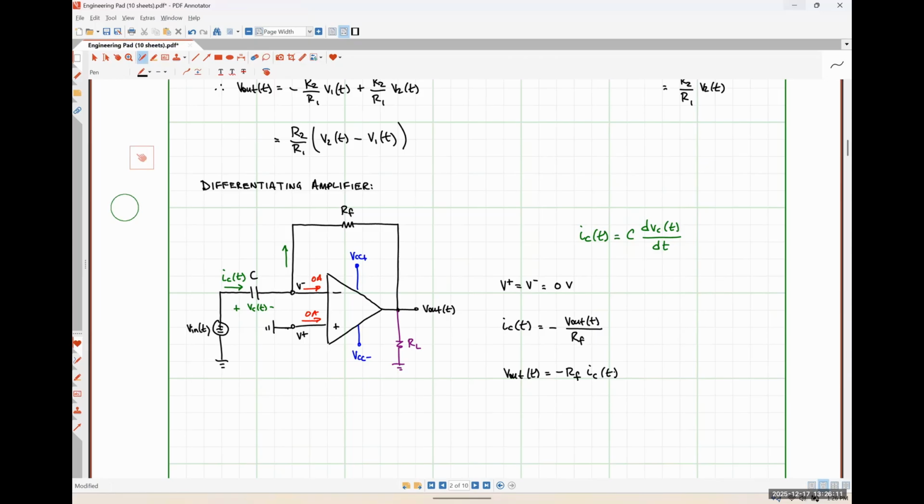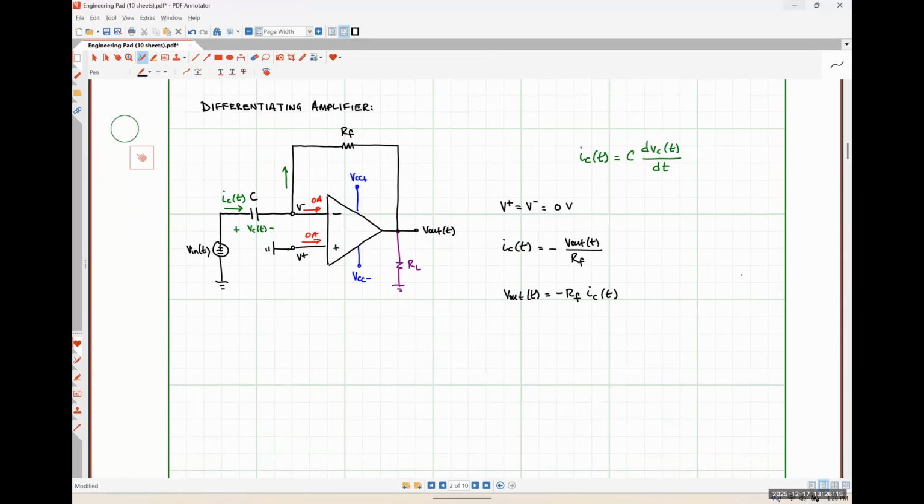So now I'm going to substitute in that relationship for capacitor current. So I'll have negative RF times C times the derivative of my capacitor voltage. And I think it should be pretty easy to see that the positive polarity terminal of my input voltage source is at the same node as the positive polarity terminal of my capacitor voltage.